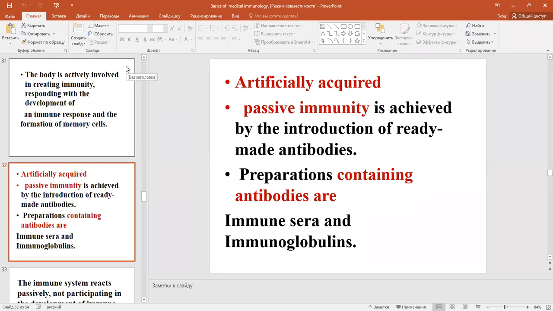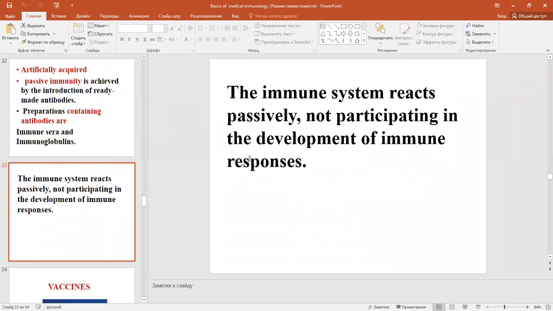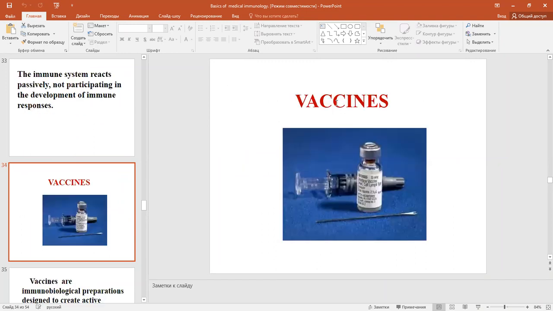It just gets ready antibodies, and ready antibodies, again, are not able to circulate during all the life of the patient. The immune system reacts passively, not participating in the development of an immune response.